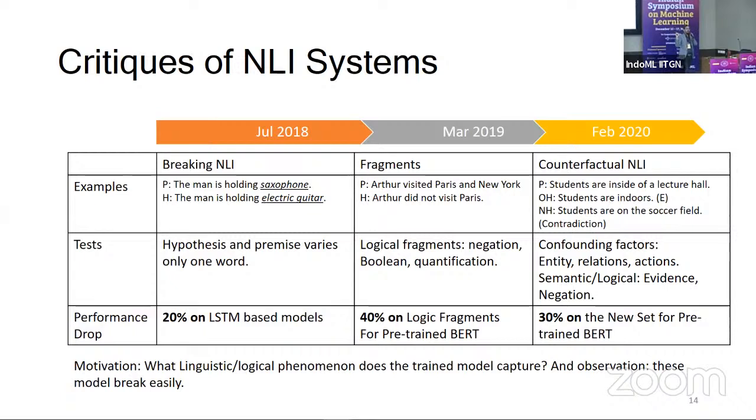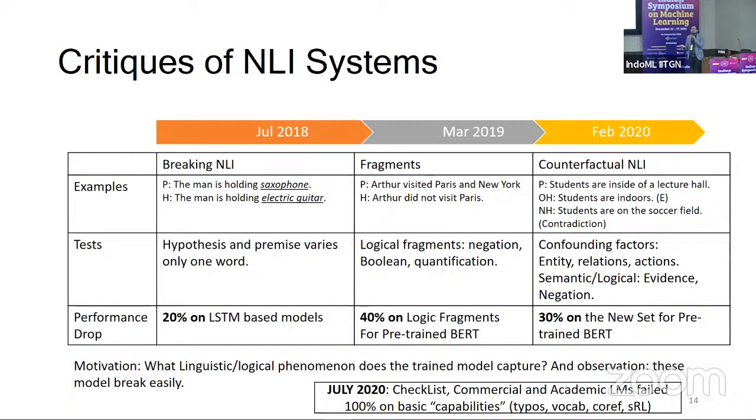The last nail in the coffin came, when it became very clear this is actually a pattern which is not going to go away very soon, with the CheckList paper. In July 2020, Marco Ribeiro, I think you have heard about this in Moranjit's talk, published this CheckList paper, which evaluated both commercial and academic language models, which failed on 100% on basic capabilities like typos, right?